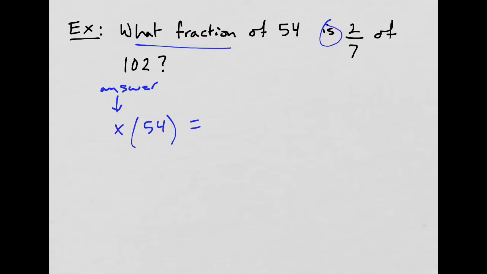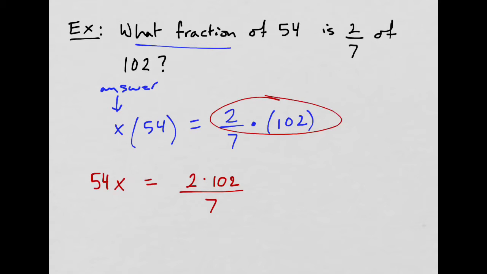That becomes the equals, because some fraction of 54 is going to be the same thing as 2/7 of 102. So I'm just translating this. And then what I do is I simply solve for x.